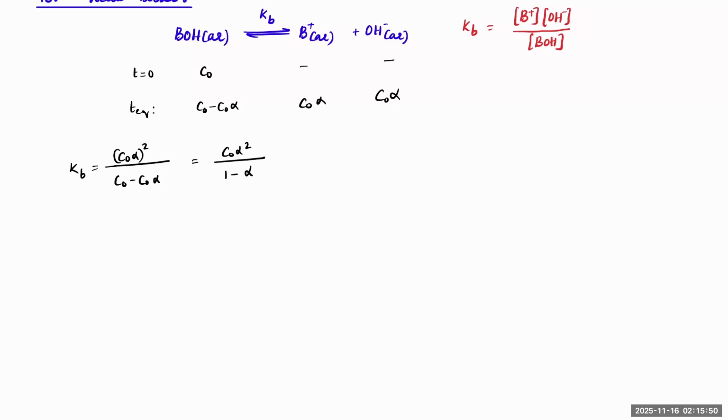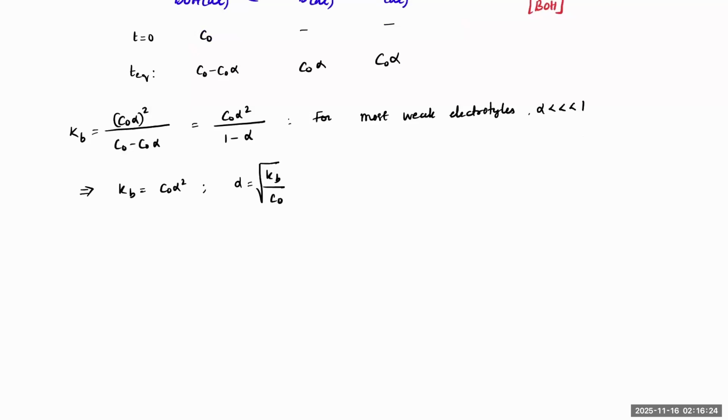And we learned that for most weak electrolytes, those electrolytes may be acids or bases, we consider alpha is far less than 1, implies Kb will be equal to C naught alpha square, which implies alpha will be equal to under root of Kb by C naught. So it's the same formula, same Ostwald's dilution law, but this time we are doing it for base.